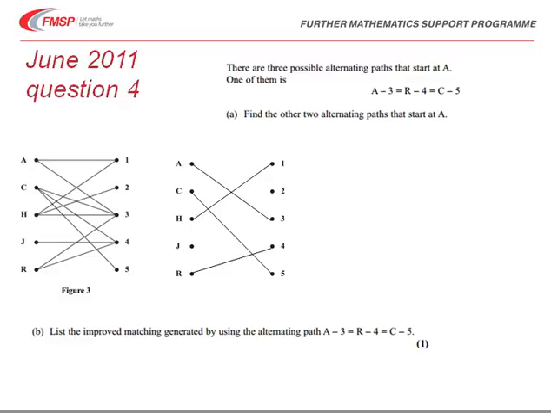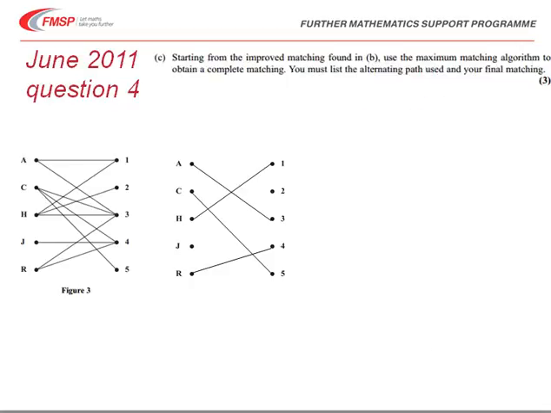The question goes on to start with the matching that we got in part B, and then use the maximum matching algorithm again to see if we can find a complete matching. So you can see this time we've got to start at J and to finish at 2. So the alternating path from J, well, if you look at our diagram figure 3, you can see from J we must go to 4.